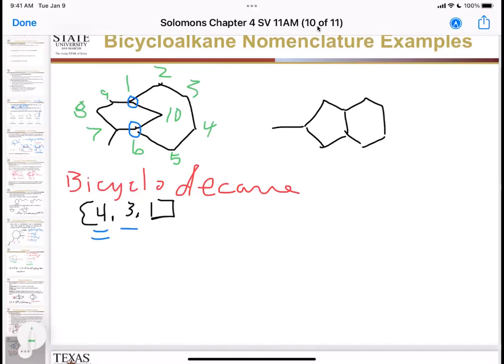So bicyclos, you always number from a bridgehead carbon around the longest bridge to the next bridgehead carbon, around the next bridge, not renumbering the bridgehead carbon, and then your last remaining carbons are on that third bridge. And then you try to number it in such a way you get the lowest number substituent.